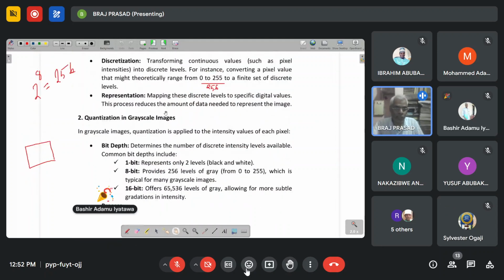Representation of quantization in a grayscale image: if we use 8 bits, then it has 256 different values, which I have just discussed. If it is 1 bit, then only two different values are used, 0 for black and 1 for white.